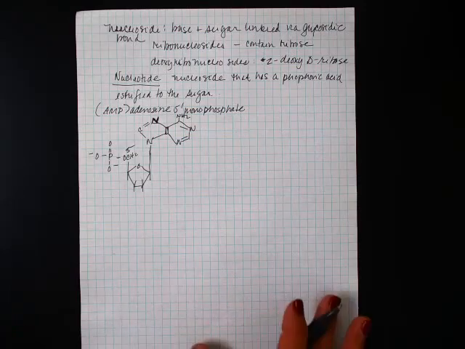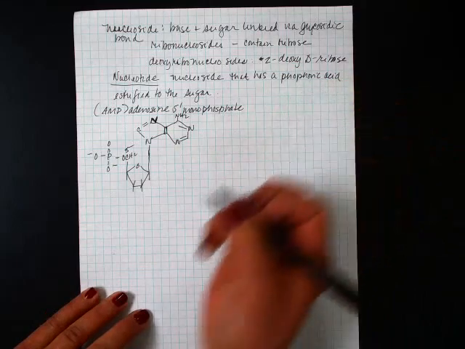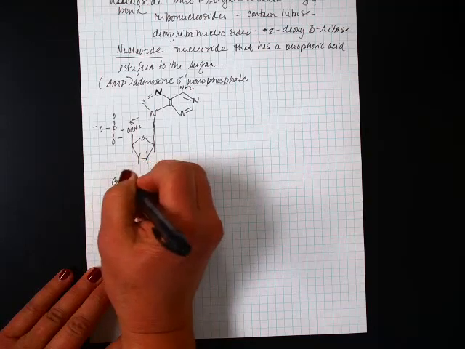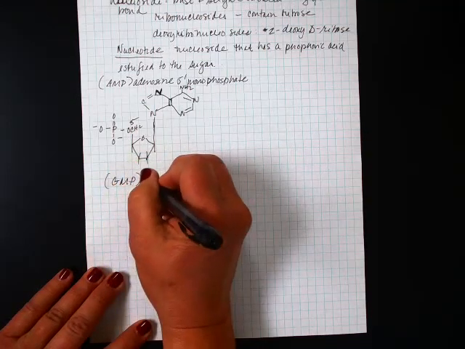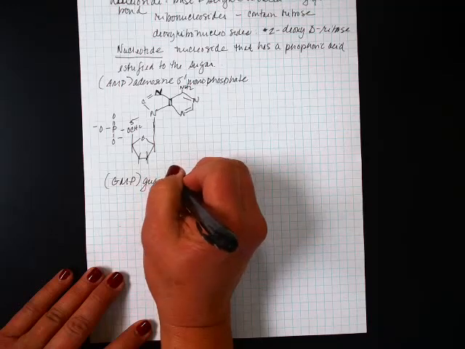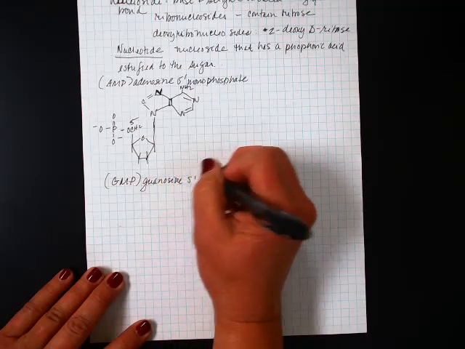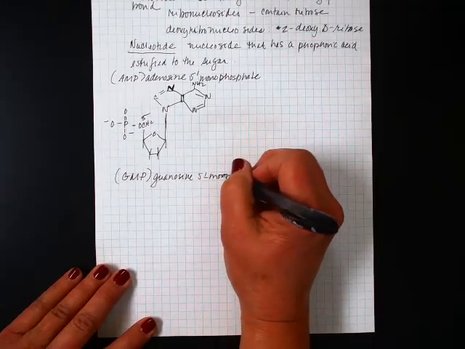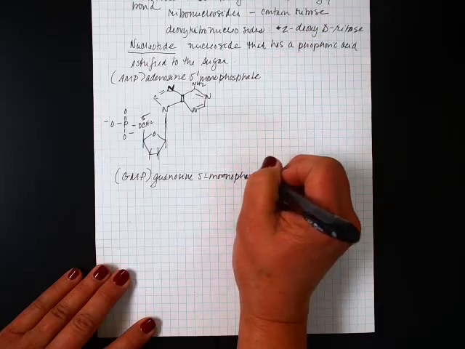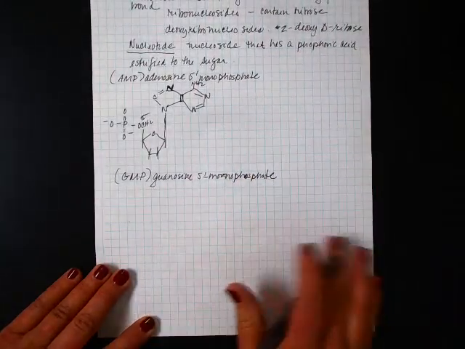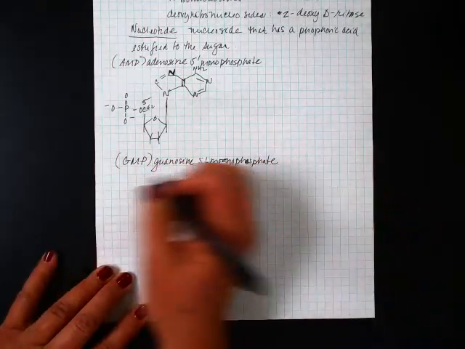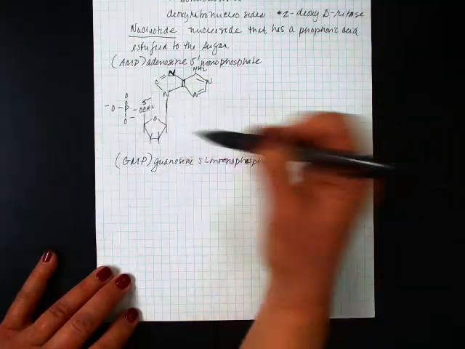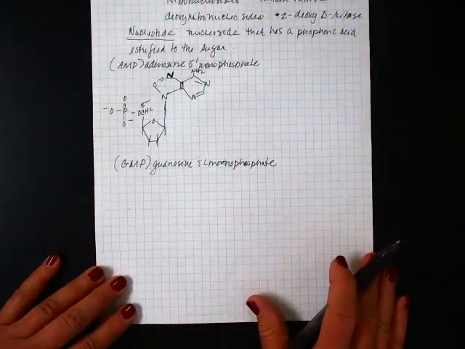I don't think I fit GMP there. Let's look at GMP, or guanosine 5' monophosphate. Whoops. There's the uneven spot here. So again, the only thing that's going to differ is the identity of the base that is attached to that sugar that has the esterified phosphoric substituent group on it.